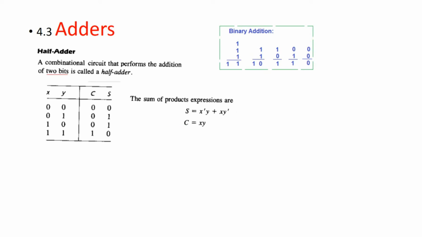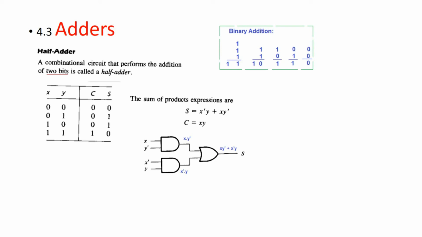And now let's see the carry term. The carry is only 1 when both X and Y are 1, so X and Y is equal to C. So this is how we write the sum of product expression. And now to implement, these are AND gates, X dash Y, that means actually X dash dot Y, and dot is for multiplication.